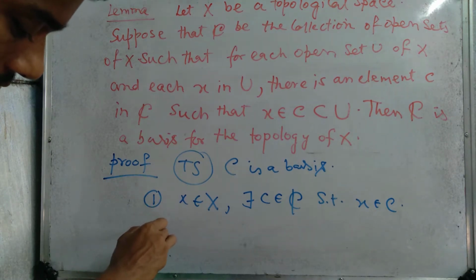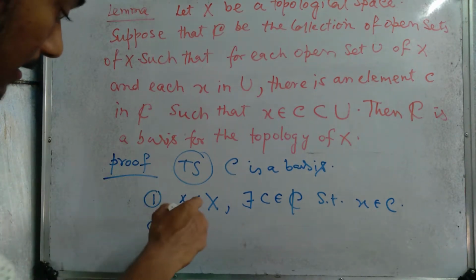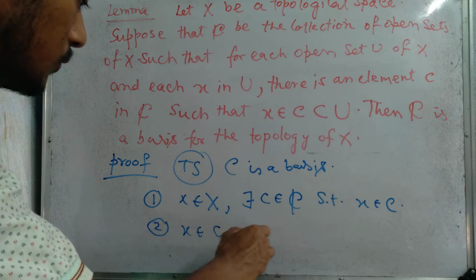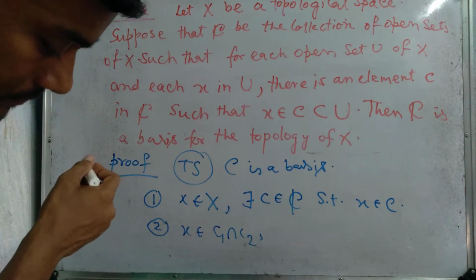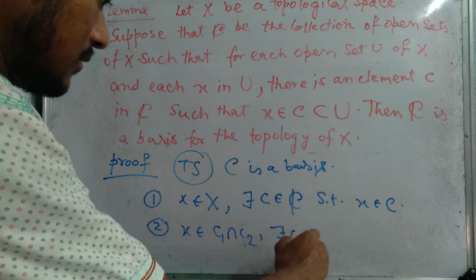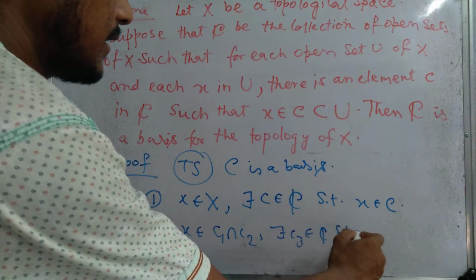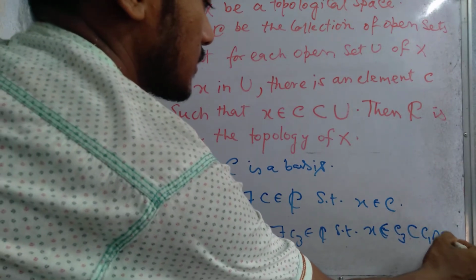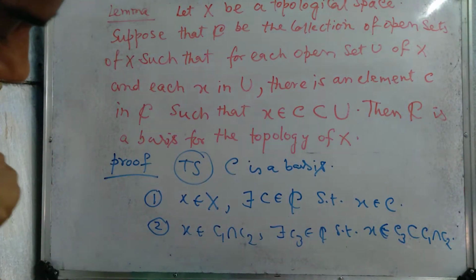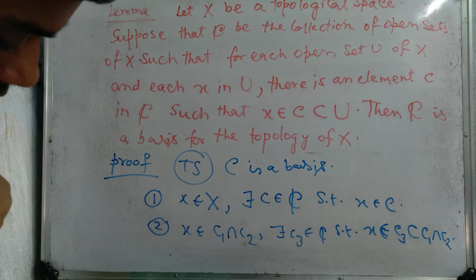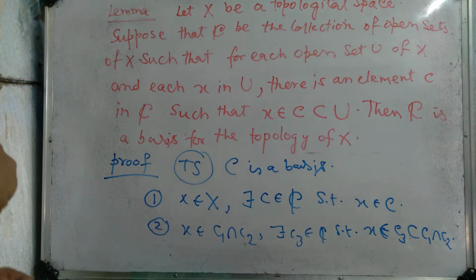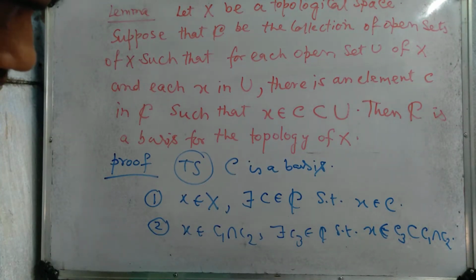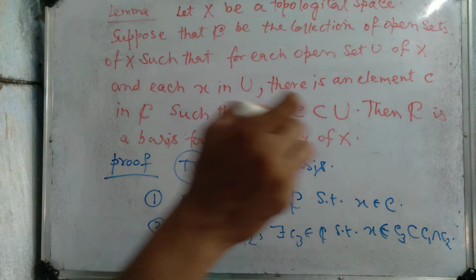Second criterion: if x belongs to C1 intersection C2, then there exists a C3 belonging to script C such that x belongs to C3, a subset of C1 intersection C2. Here all C are open, so x belongs to C subset of X we find.